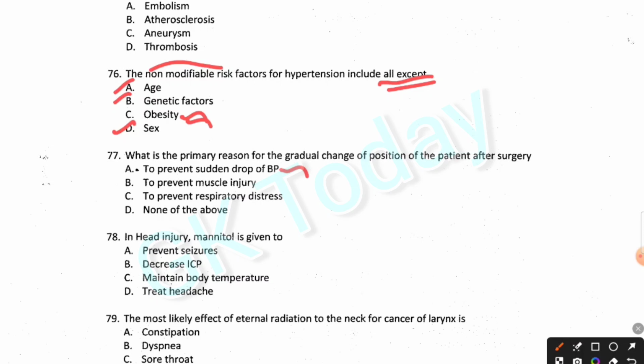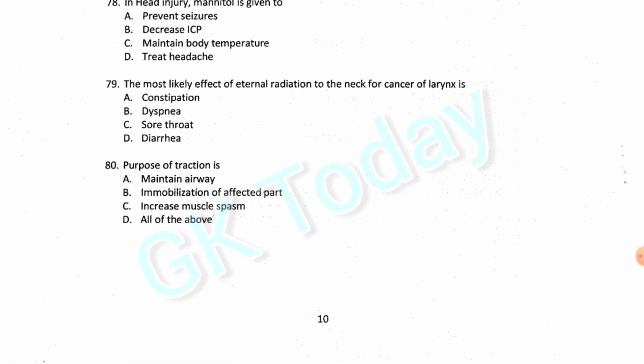Question number 78. In head injury, mannitol is given to decrease ICP. Question number 79. The most likely effect of external radiation to the neck for cancer of larynx is sore throat.